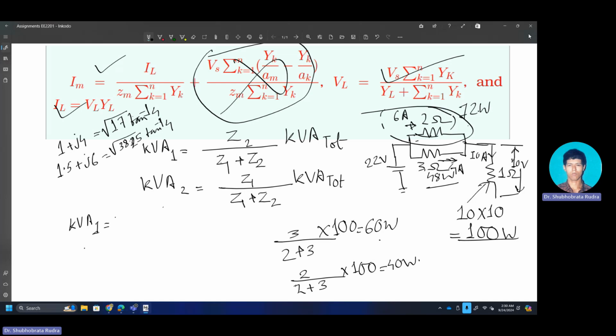This equation reveals how VL and VS are related to each other. So once you find out VL from this equation, you can figure out the relation between them, and that would give you the percentage of regulation, right?